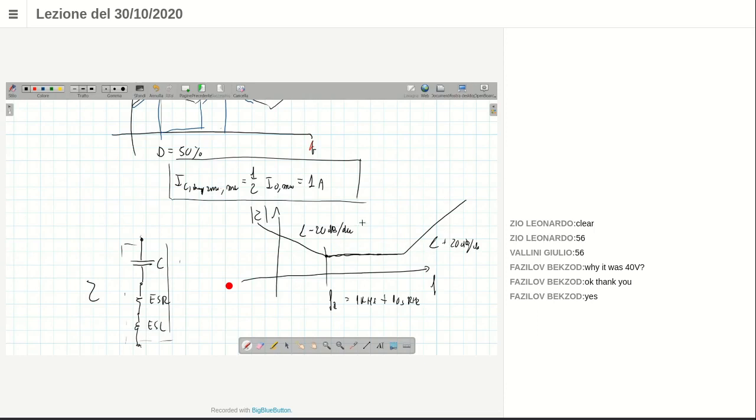But for the frequencies of interest for power converters, hundreds of kilohertz, for our buck converter, for instance, we are typically in this region. This is the reason why we do not care too much about the capacitance of the capacitor, but we care more about the ESR.